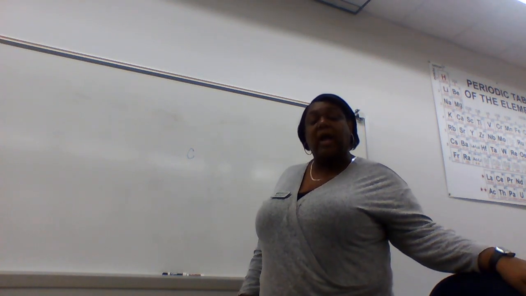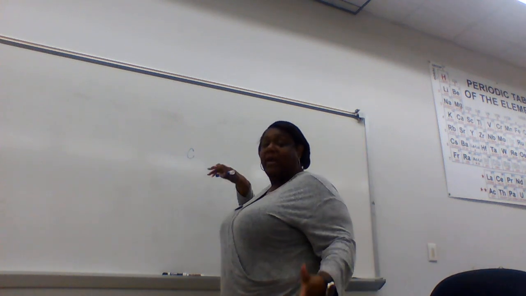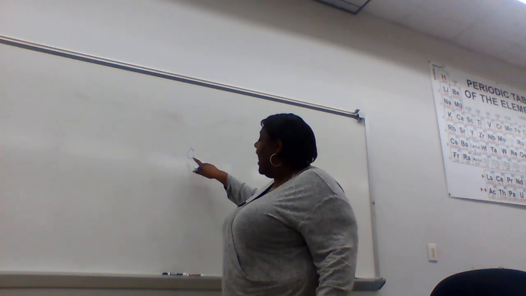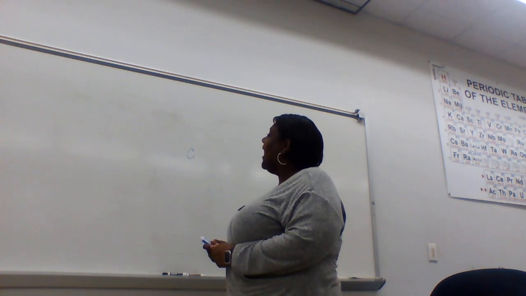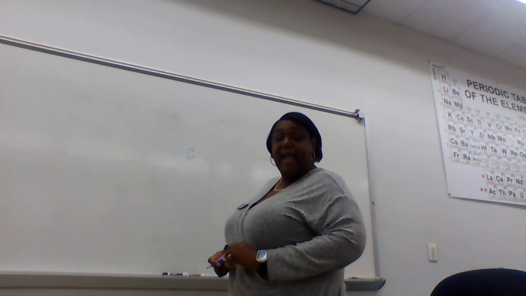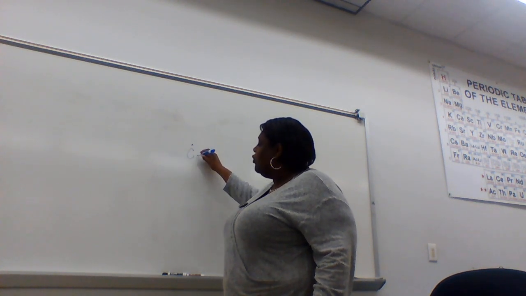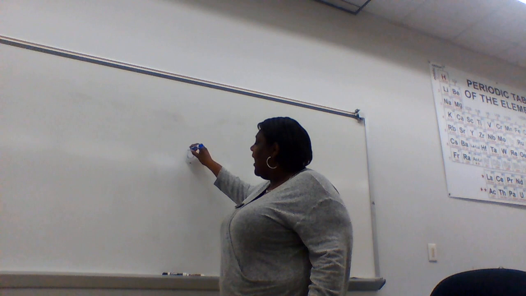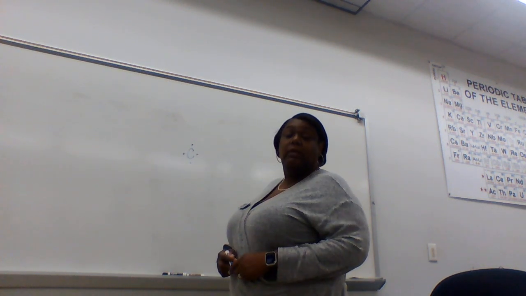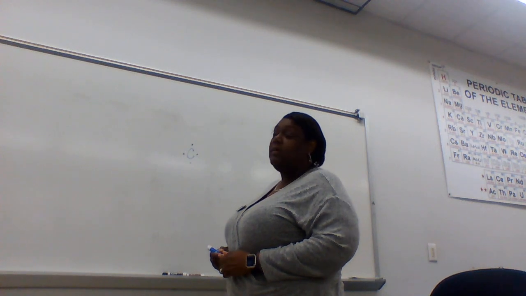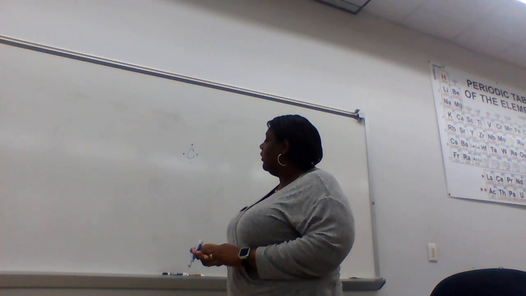Carbon is located in column 14 or column 4A. That means that when I draw the Lewis structure for carbon, I would need to have the symbol for carbon, which is C, and because it's in 4A, I need to have 4 dots surrounding it. Now remember, when you place your dots, you need to have 1 dot on each side before you put 2 dots on any side. So for carbon, that's what the Lewis structure would look like.